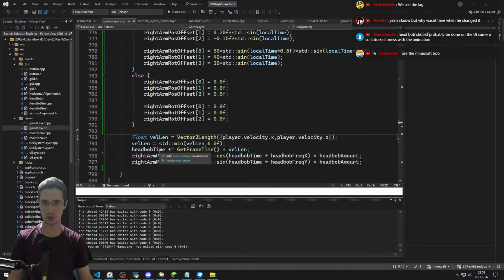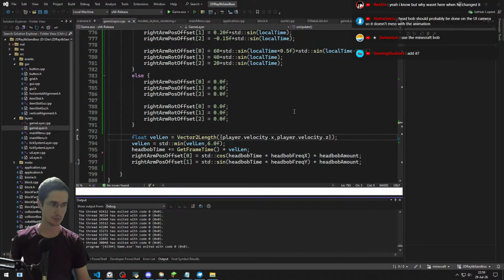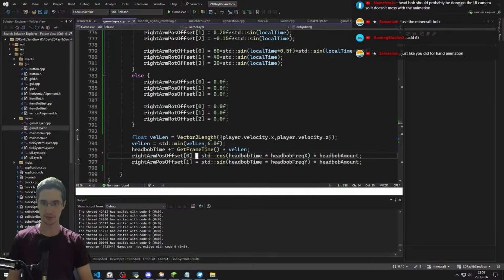I could have the offset be just for the Minecraft bob. Add it? Yeah, let's add it. No, if I add it, next frame it will continually add it. Oh, I could have a head bob position offset.